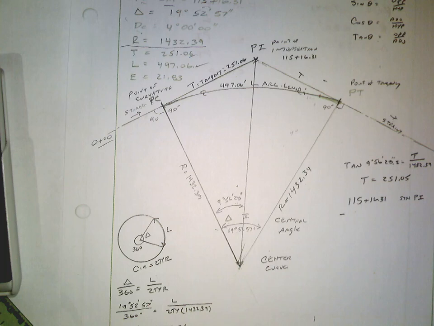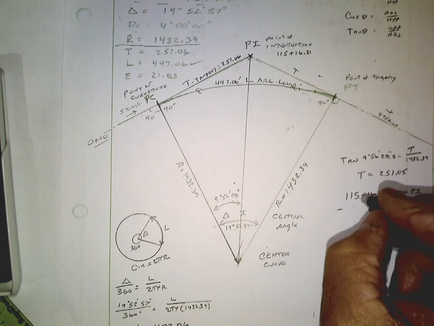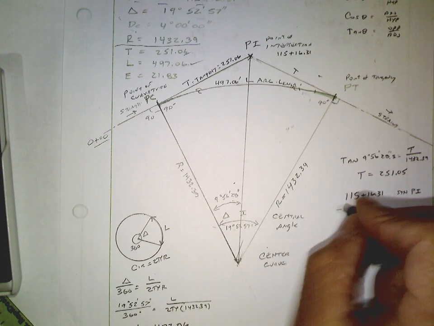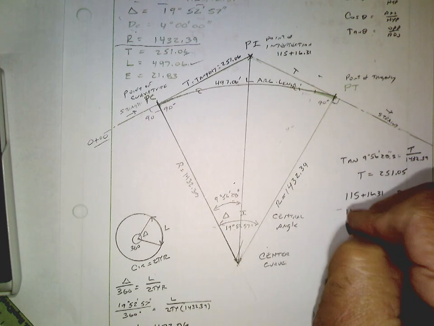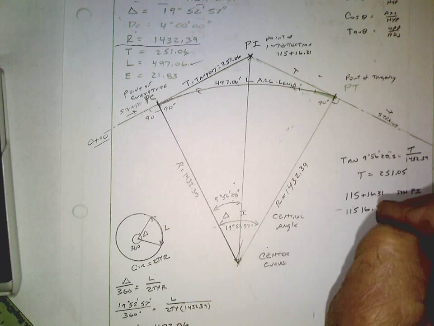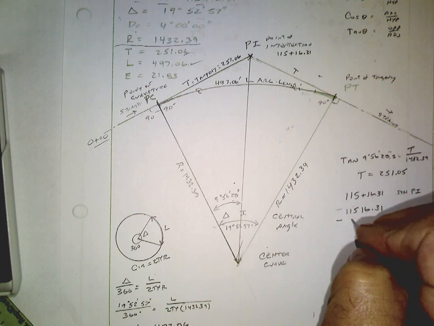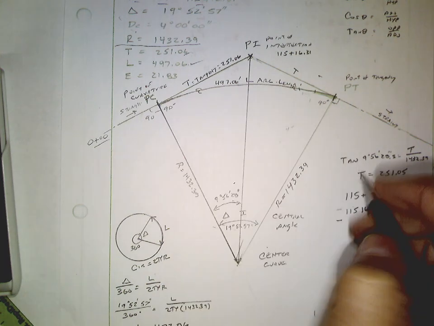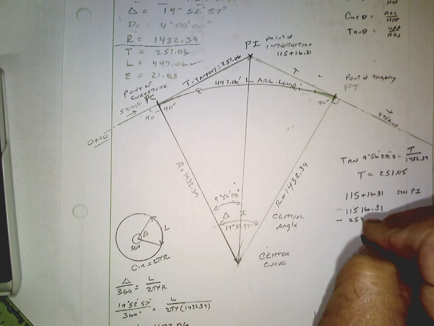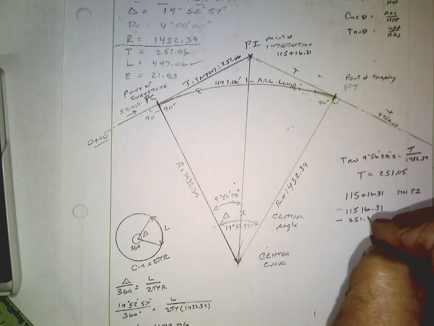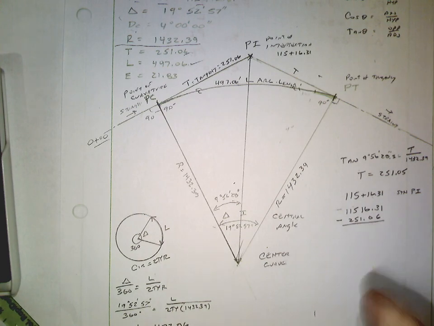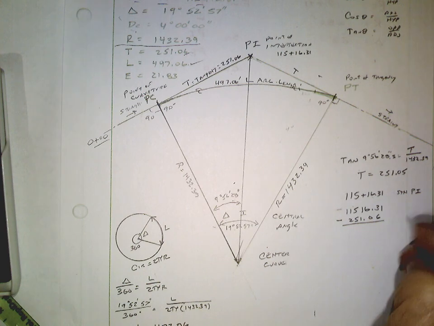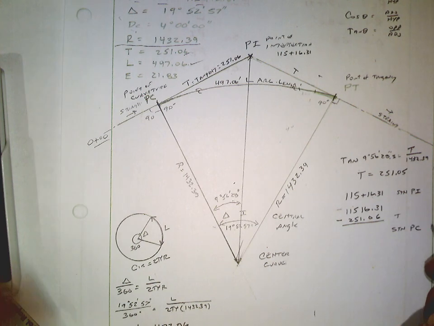Actually, I think I'm just going to rewrite that. And I can subtract 251.06, which was the tangent, and that will give us the station of the PC.